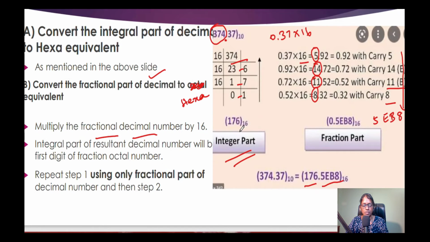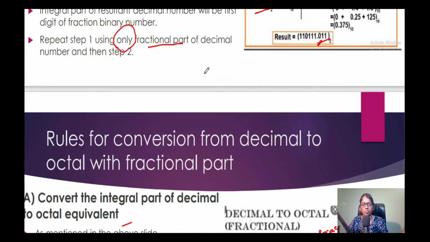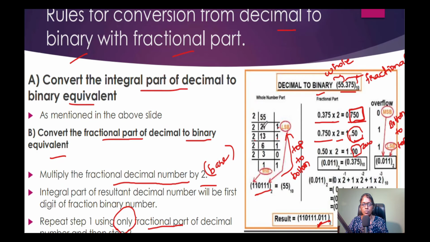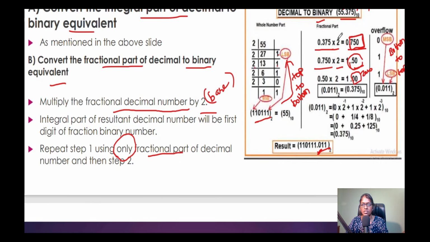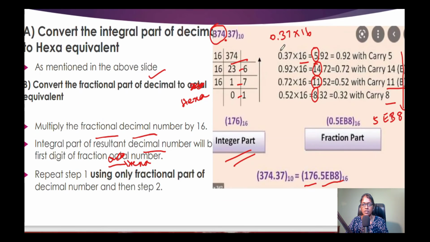Multiply the fractional part decimal number by 16. The integral part of the resultant number will be the first digit of the fractional hexa number. And repeat step 1 using only the fractional part of the decimal number, and then step 2. So the same thing in a fractional part: we divide the whole part as it is, and the fractional part is multiplied by 2 for binary, by 8 for octal, and in hexa the fractional part is repeatedly multiplied by 16.